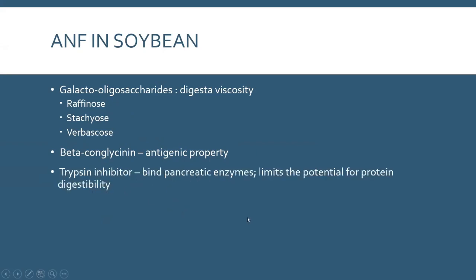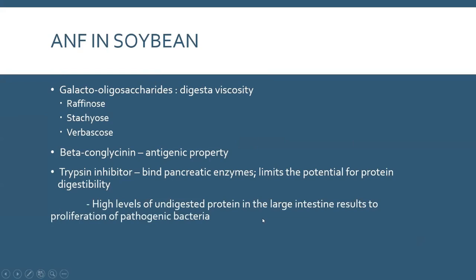Soybean is always analyzed for trypsin inhibitor. Why? Because trypsin inhibitor would bind pancreatic enzymes and limit the potential for protein digestibility. Later we will have some illustrations on how these trypsin inhibitors impair protein digestibility. As much as possible, we would like to avoid having undigested protein or high levels of proteins in the intestine, because this would result in proliferation of pathogenic bacteria.